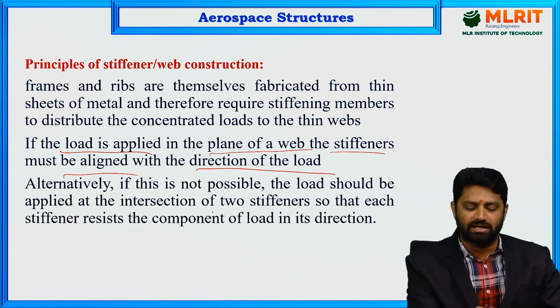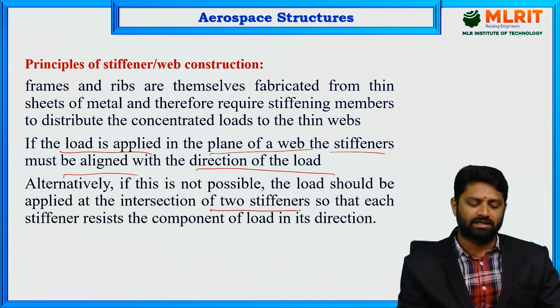That is another point here. If you are unable to add the stiffener in the direction of the load, you can apply the load at the intersection of the two stiffeners, so that each stiffener resists the component of load in its direction.